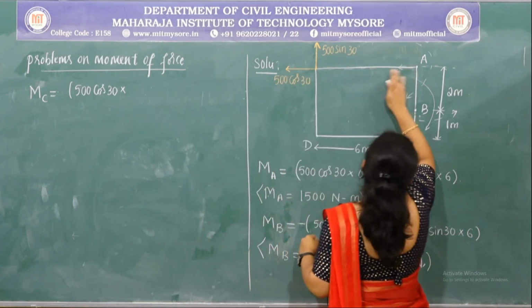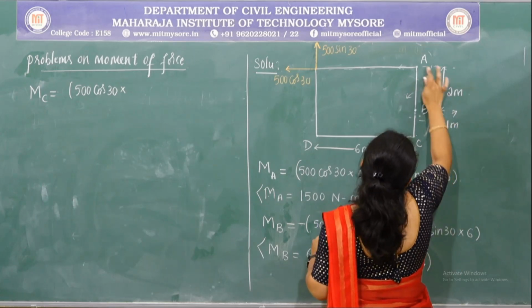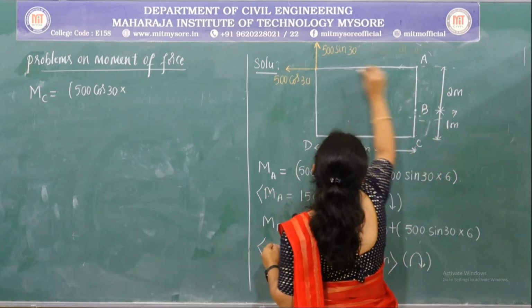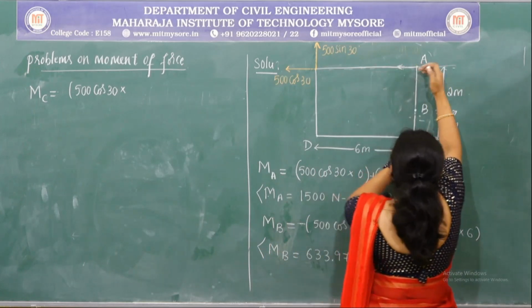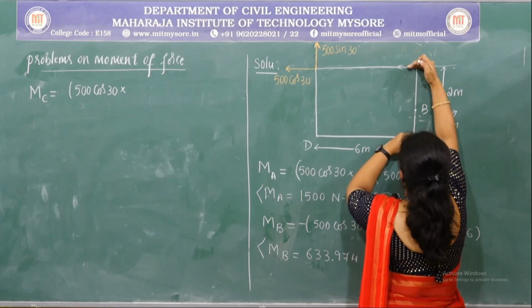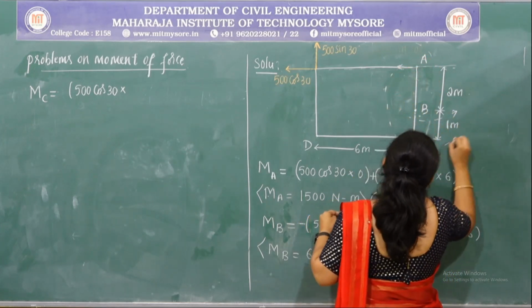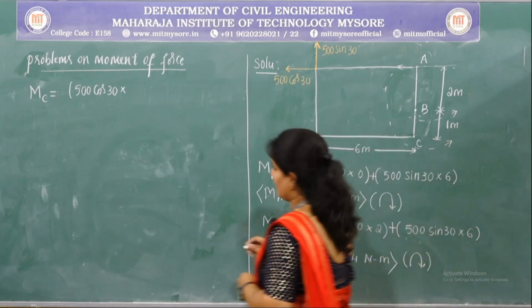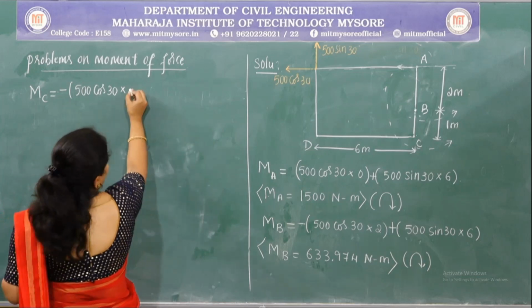Again use the principle of transmissibility. If you take up the force here, this will become the perpendicular distance between the line of action of the force and the point, and the direction becomes anti-clockwise. Hence it is negative and the distance is 3 meters.